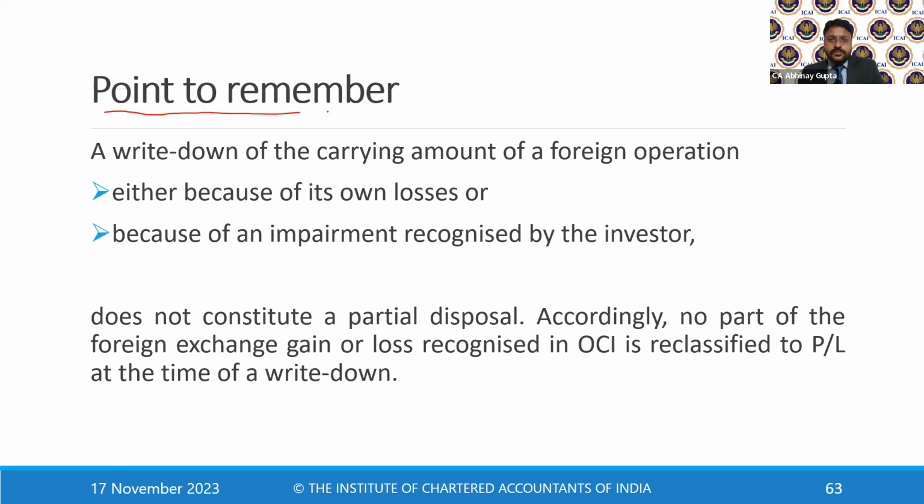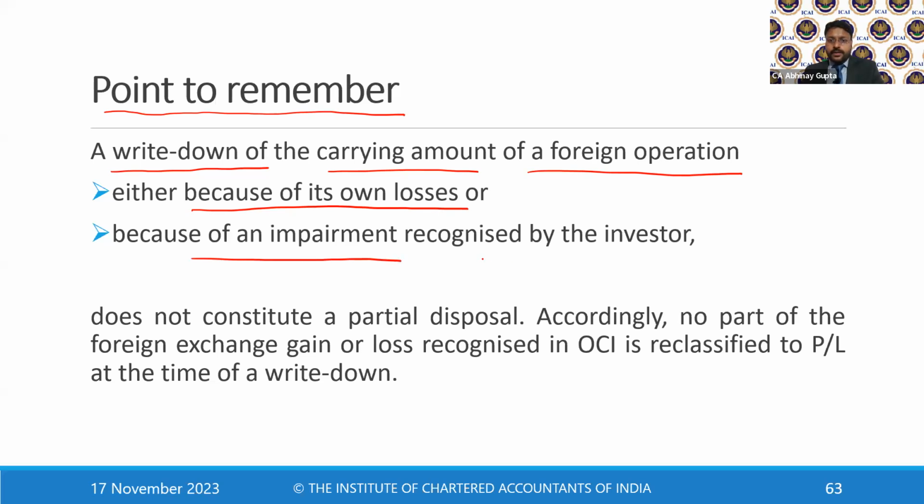Now, there are certain points which we need to keep in our mind. A write down of the carrying amount of a foreign operation, either because of its own losses or because of impairment recognized by the investor, does not constitute a partial disposal.